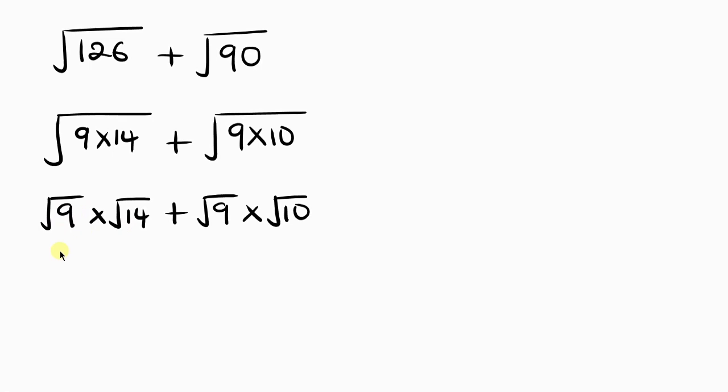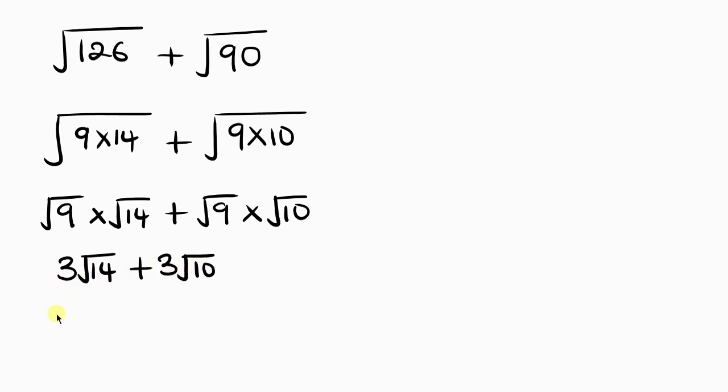So the square root of 9 is actually 3 times the square root of 14. So we have 3 root 14 plus the square root of 9 is 3 times the square root of 10. That's 3 root 10. Now notice that 3 is common.